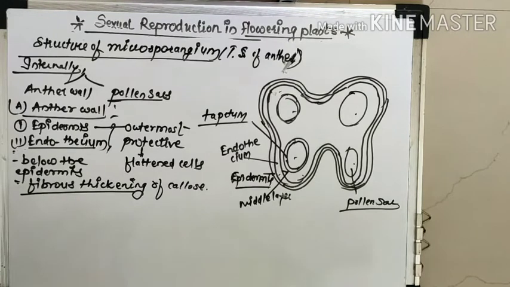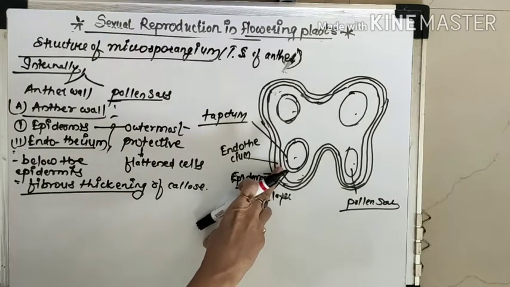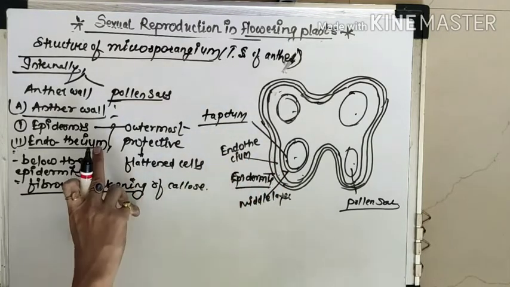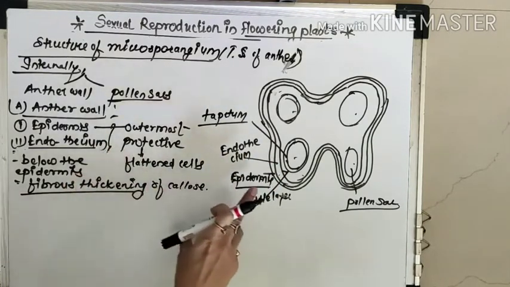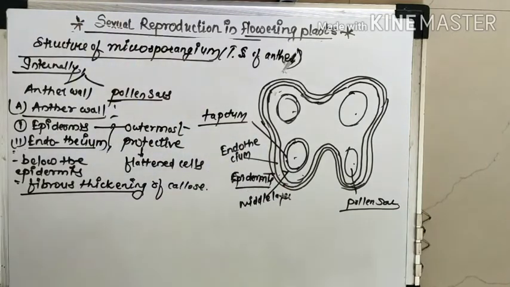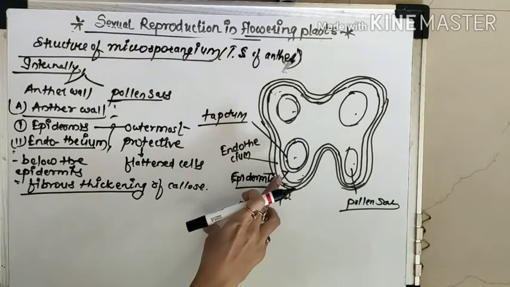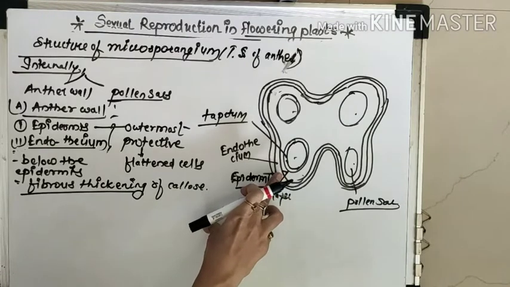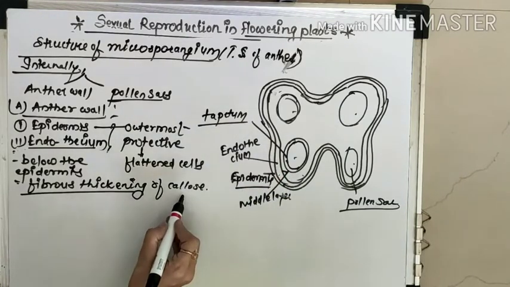We are talking about the second layer of the anther wall, called the endothelium. It is present below the epidermis, and the cells of the endothelium show fibrous thickening of callus.